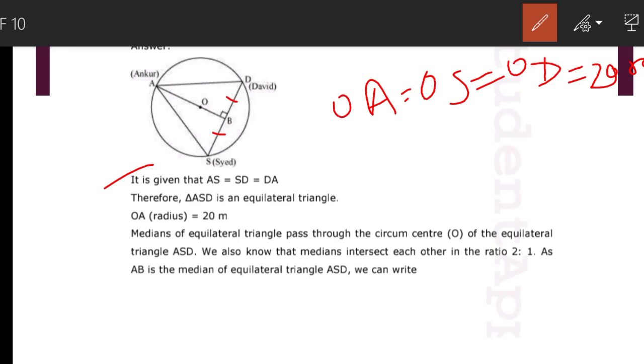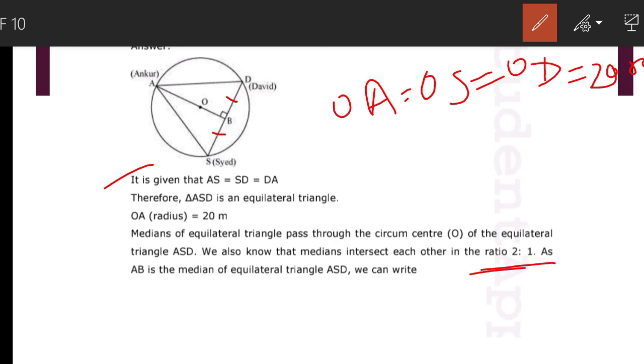Such a circle is called the circumcircle. So here A, S, D, these 3 points form a unique circle, and that circle is the circumcircle, and the center O is the circumcenter. So the medians of such a triangle inside a circle will all be divided in the ratio of 2:1.